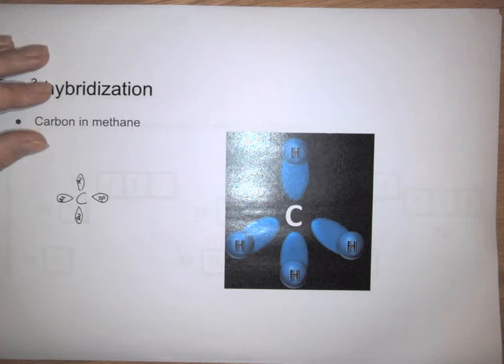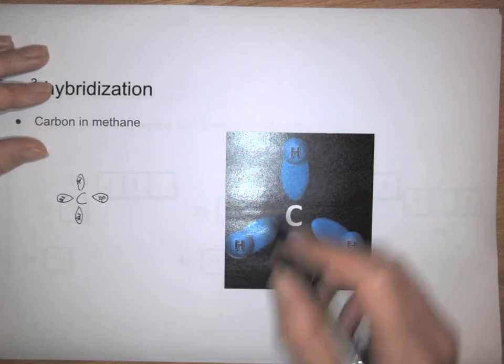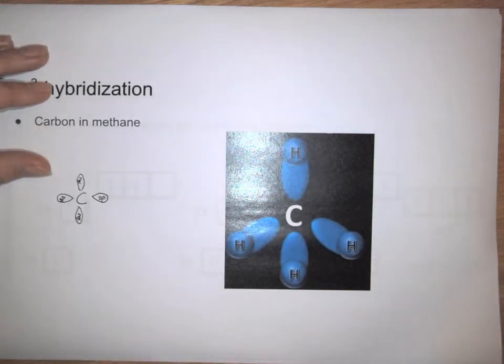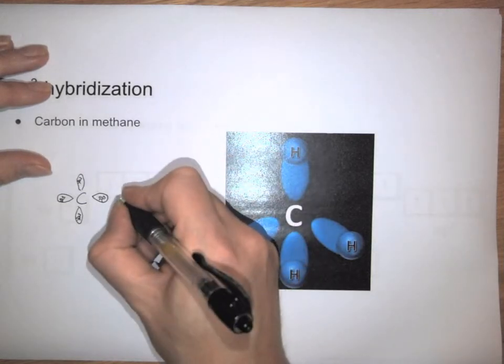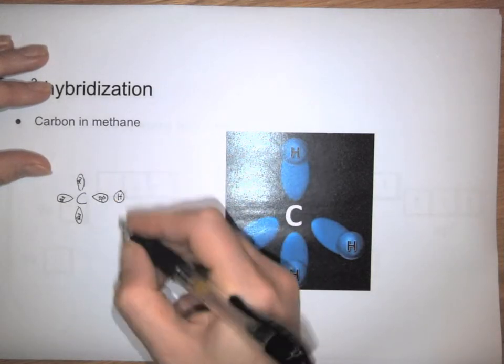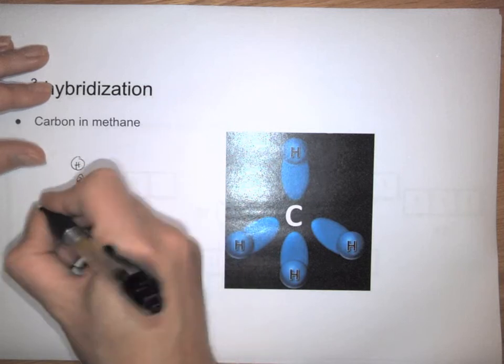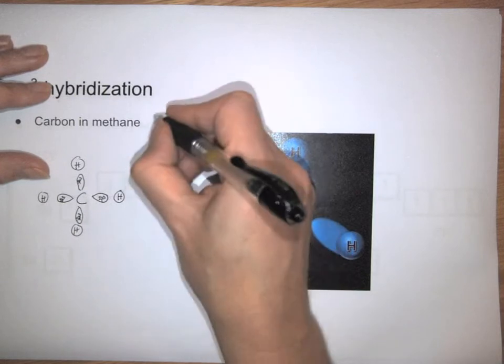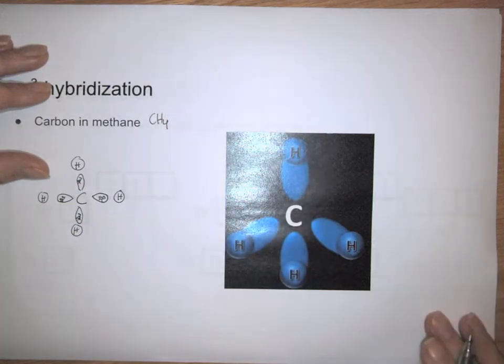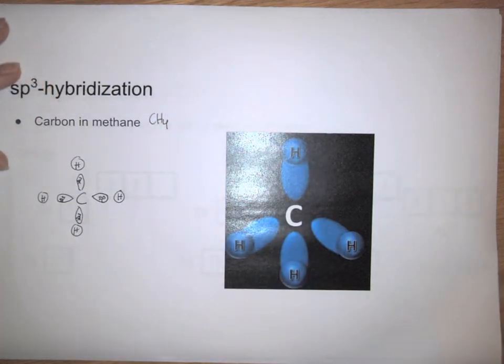We have 4 hydrogen atoms, and we know that they have an s orbital because hydrogen has the atomic number 1. So we have 1 hydrogen here, 1 here, 1 here, and 1 here. Methane has the chemical formula CH4.